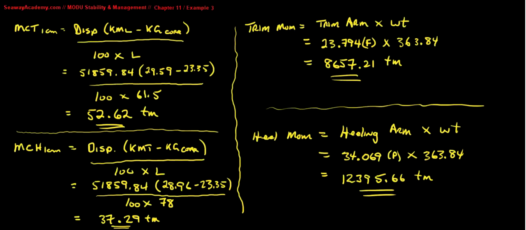Next, we're going to calculate the trim and heel. So the formula for your trim is the trimming moment divided by your moment to change your trim 1 centimeter.